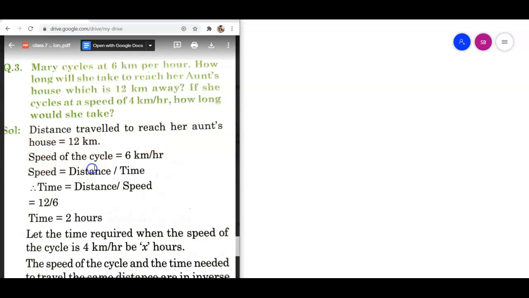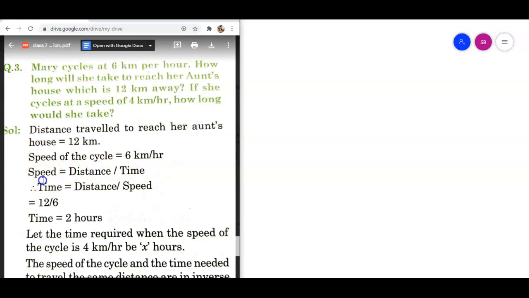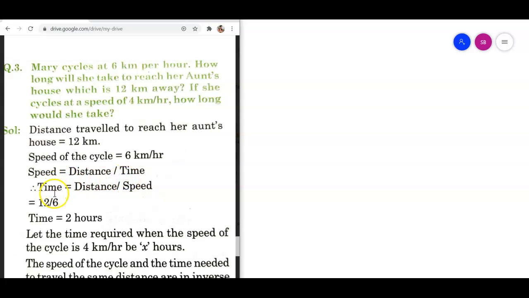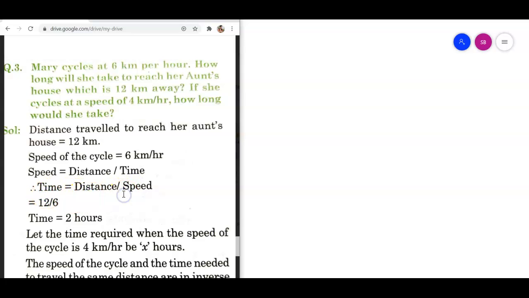What is the speed of the cycle? 6 km per hour. And what is the formula for speed? Speed is equal to distance upon time, and therefore time will be equal to distance upon speed. This is the formula. So how much time will she take?